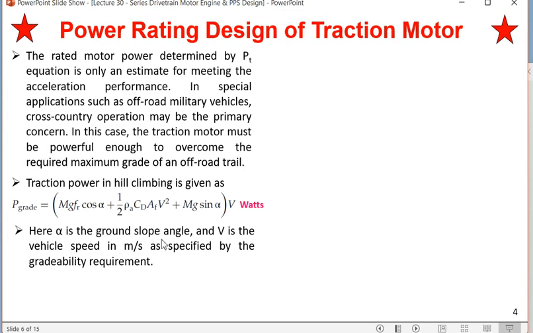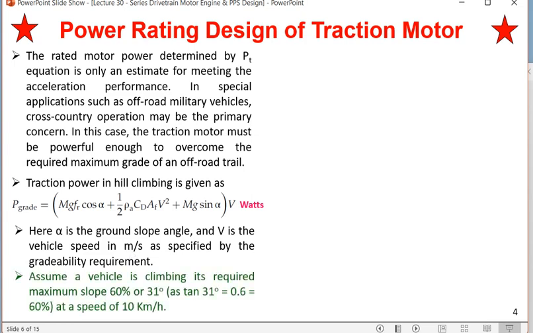Here alpha is the ground slope angle, v is the vehicle speed in meter per second specified by the gradability requirement. Assume a vehicle is climbing its required maximum slope of 60% or 31 degree. This is one thing you have to understand: how 31 degree is called 60%. So tan of 31 is equal to 0.6.